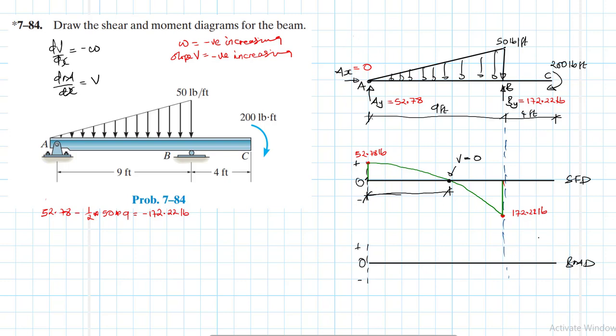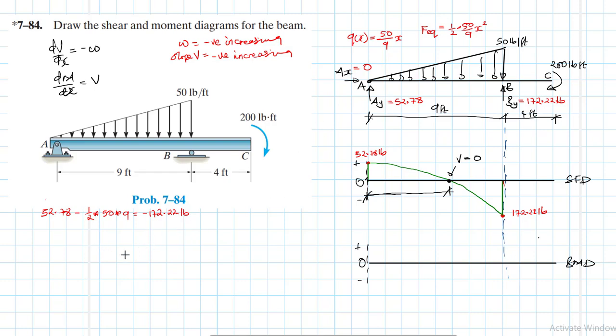This is what I want to do. We know that the equation that governs our load is equal to the gradient. We know gradient is change in y divided by change in x. So we have a 50 change in y divided by 9 change in x times x. And therefore our equivalent force at a distance x will be just half times 50 divided by 9 times x, which becomes x squared.